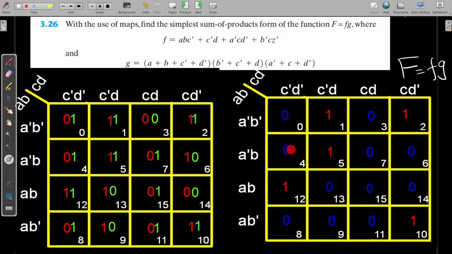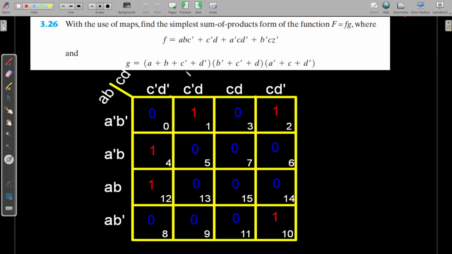Then 0.1 is 0, 1.1 is 1, 0.1 is 0, 1.0 is 0, 1.1 is 1 here for the 12th cell, then for the 13th it is 0, 15th it is 0, 14th it is 0, for the 8th it is 0, ninth cell also 0, 11th cell 0, and then 10th cell 1.1 is 1. These ones are marked in red color, remaining zeros are marked in blue color.